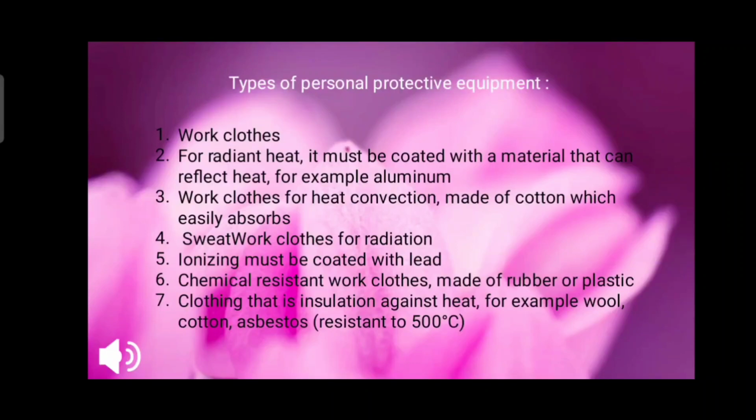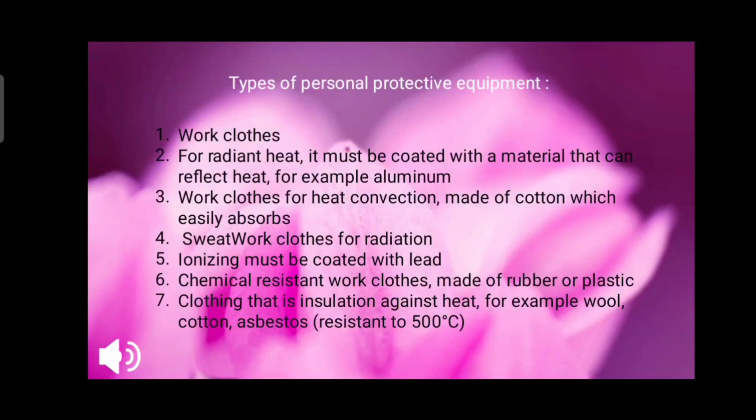Work clothes for radiation. 5. Radiation clothing must be coated with lead. 6. Chemical resistant work clothes, made of rubber or plastic. 7. Clothing that is insulated against heat, for example wool, cotton, asbestos, resistant to 500 degrees Celsius.